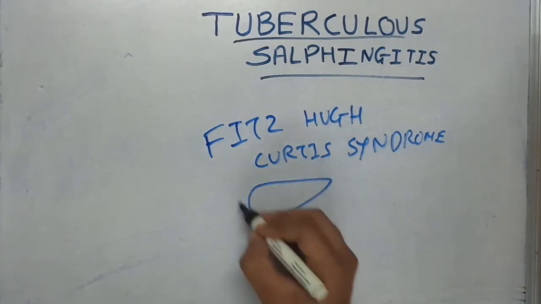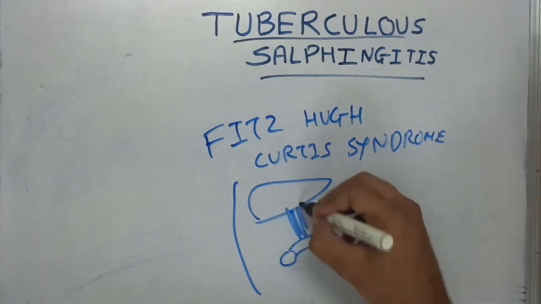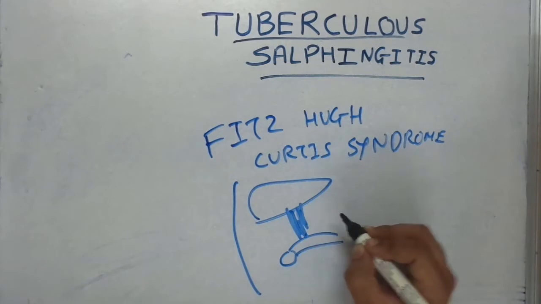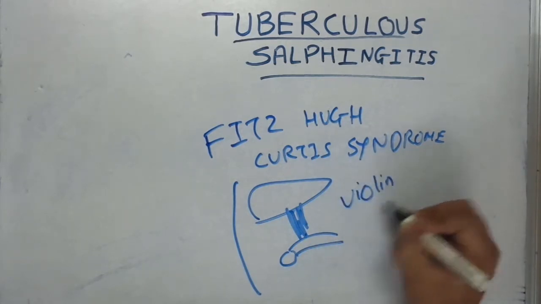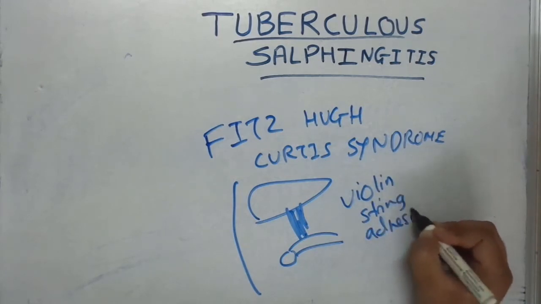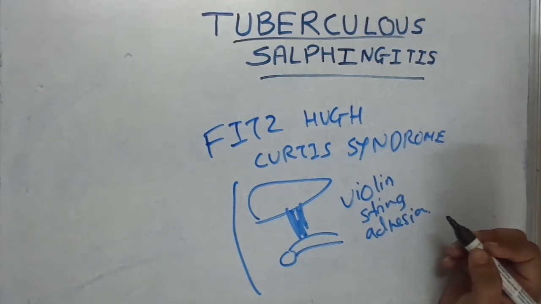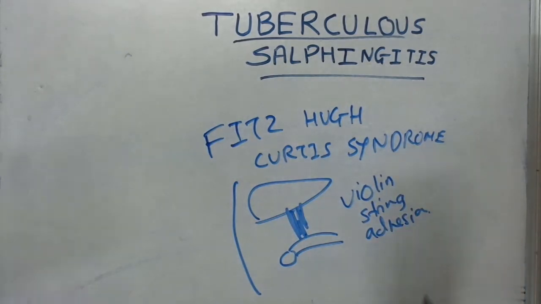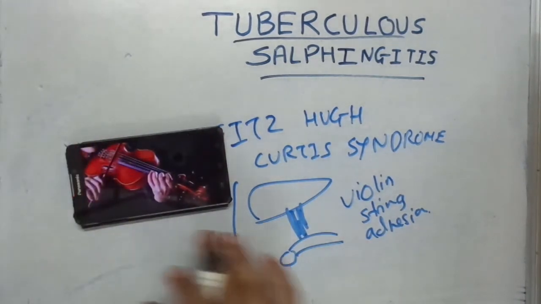So this is the liver and the right fallopian tube. There is adhesion, which is called violin string adhesion. So just for the sake of remembering, in Fitz-Hugh-Curtis syndrome, there is violin string adhesion.